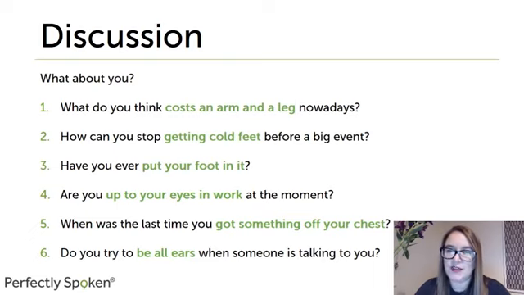How can you stop getting cold feet before a big event? Number 3. Have you ever put your foot in it? Number 4. Are you up to your eyes in work at the moment? Number 5. When was the last time you got something off your chest? And number 6. Do you try to be all ears when someone is talking to you?